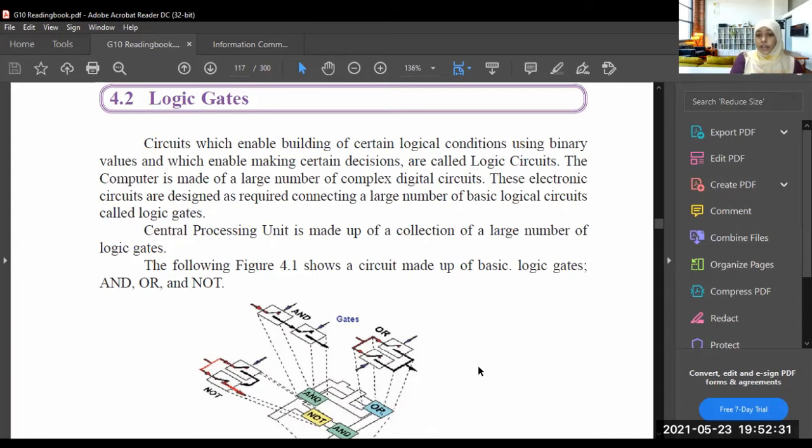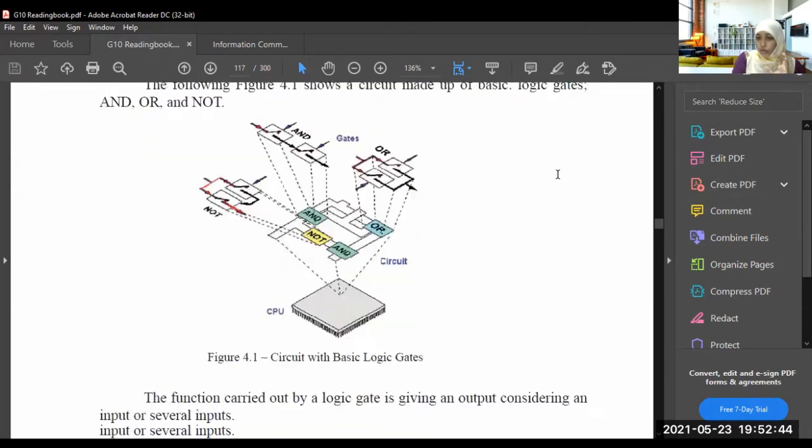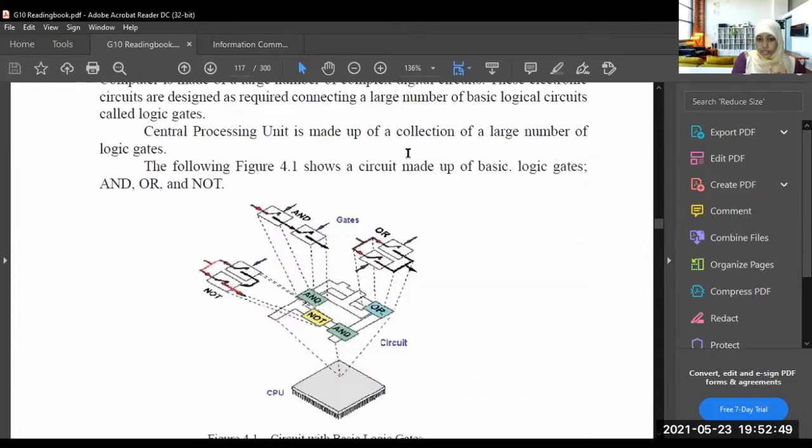The following figure, this is the CPU. Figure 4.1 shows a circuit made up of basic logic gates. This is just an image to explain to you. Here they have used several logic gates inside, like AND, NOT, OR, and these are the basic logic gates, right? So the basic logic gates are 3.